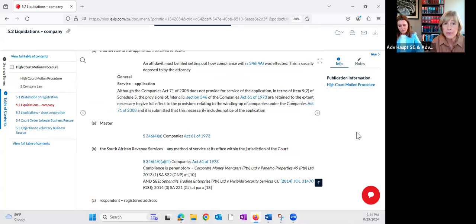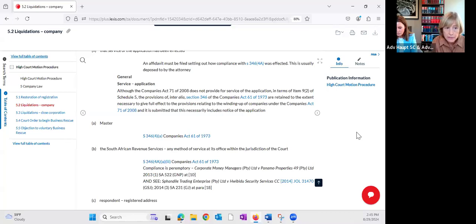That's not what happens when the sheriff serves and you have the sheriff's return of service, but it's a nice way to have a checklist so that you and your instructing attorney know who must have notice and whether all the parties who are required to receive notice do in fact receive notice.